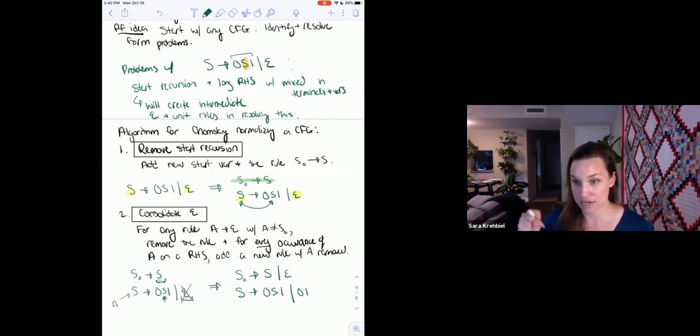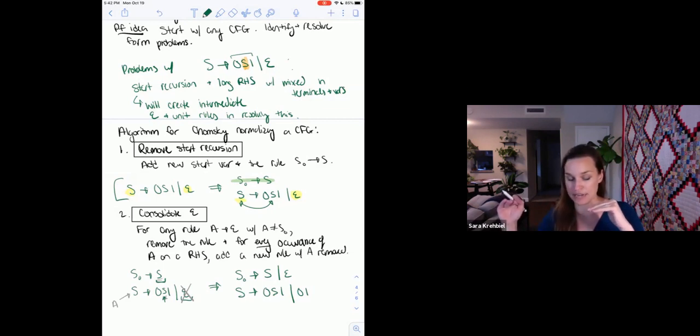So if I take an S and I remove it, then I'm left with epsilon. So if you're thinking of CFGs recursively, which you should, because CFGs are all about recursion, what we've really done is we've said originally we had this one step recursion. We had an S that called itself and called itself and called itself, and eventually decided to base case out with epsilon.